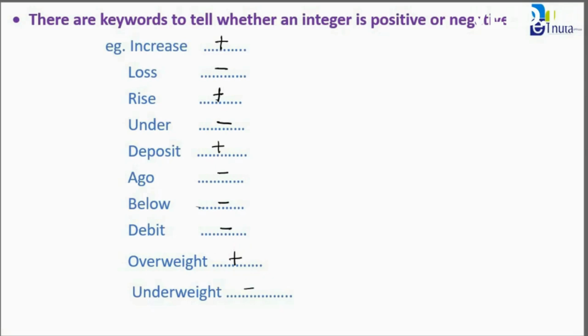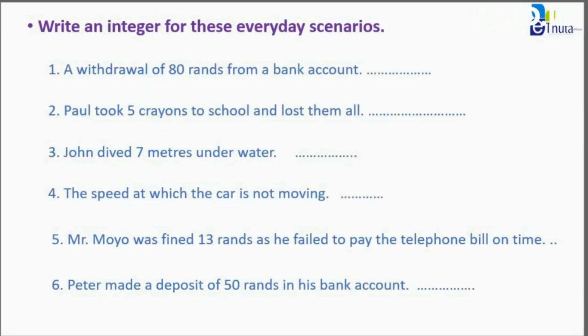Okay, these are some of the words which will guide you to identify what type of transaction, what type of business you are running, loss or profit, in banks, withdrawal or deposit. So you know how to deal with the integers.